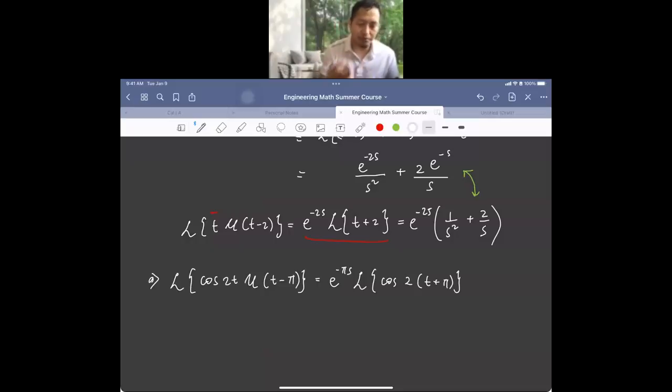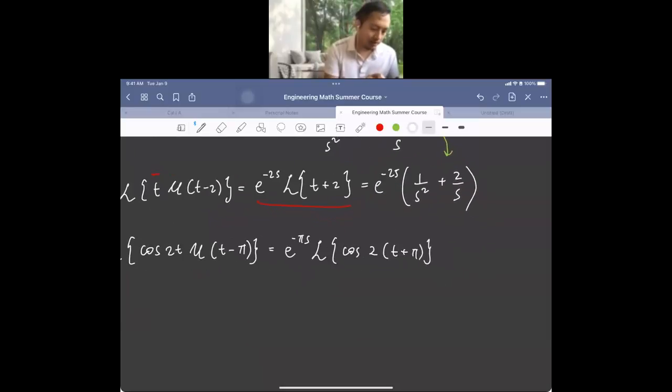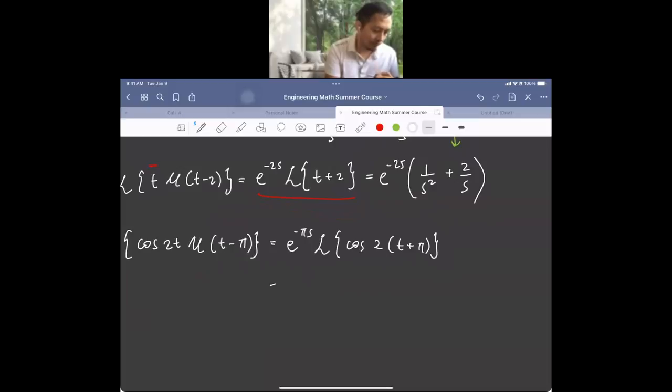Okay, now if we have t plus pi, we can just say that this is actually just equal to Laplace of cosine 2t. And this will be equal to, cosine 2t is s over s squared plus 4.